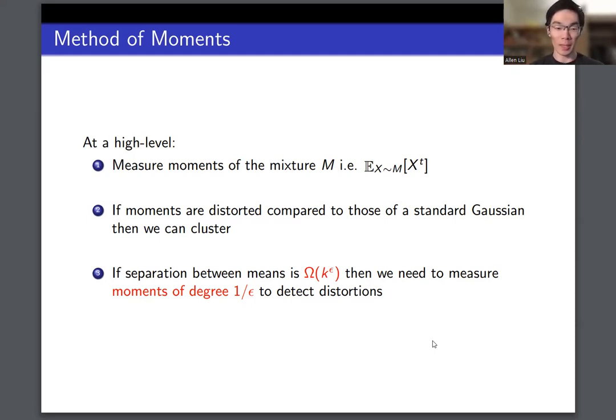This is so that the separation of k to the epsilon raised to the 1 over epsilon power can cancel out the 1 over k in the mixing weight. So you do need to go out to moments of degree 1 over epsilon to detect these distortions when the mean separation is k to the epsilon. This is where this fundamental trade-off comes from.